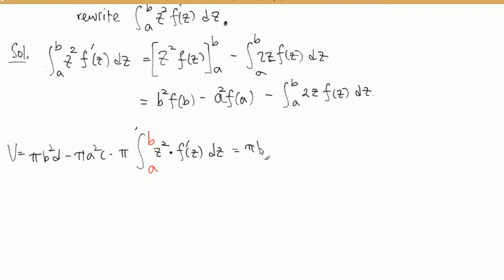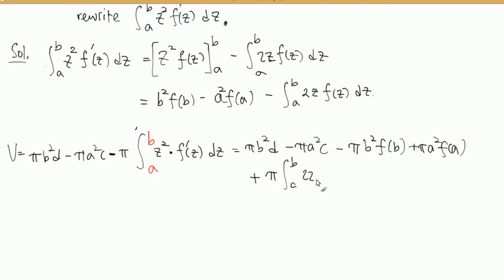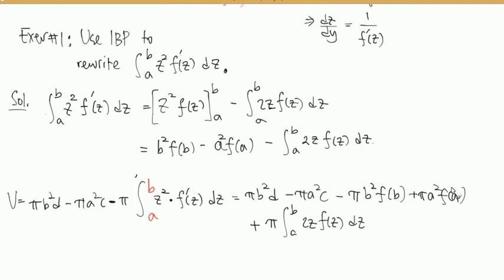And we have pi b squared d minus pi a squared c, this is minus pi. I'm going to multiply pi everywhere. Negative pi times b squared f of b, minus pi multiplied with the positive, pi a squared f of a. Negative pi makes a positive pi, pi integral from a to b of 2z f of z dz. You can see we're almost there.